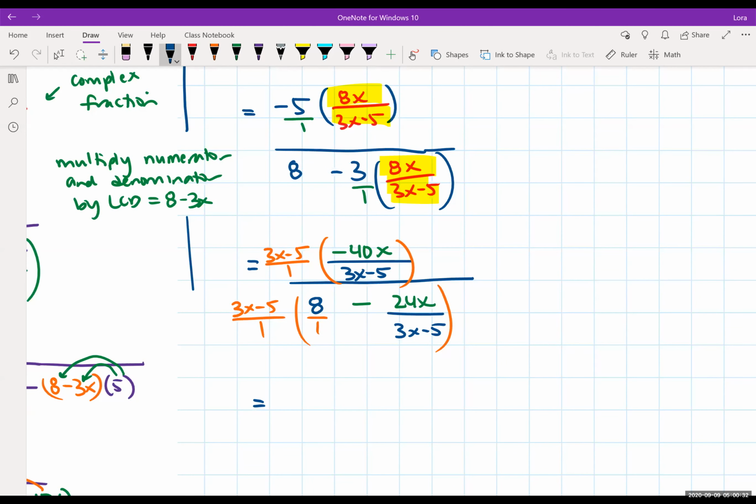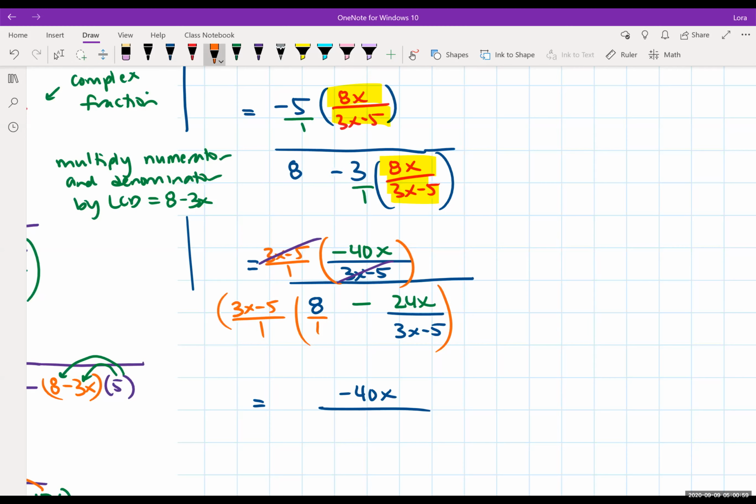If we do this to the numerator, the 3x minus 5s divide out. That's nice. In the numerator, we will get negative 40x. And over here, I should have 3x minus 5 times 8.